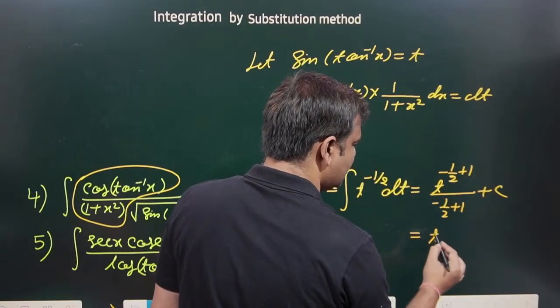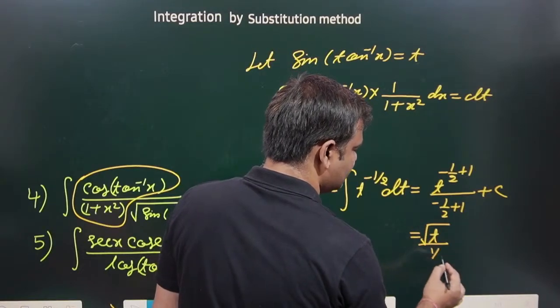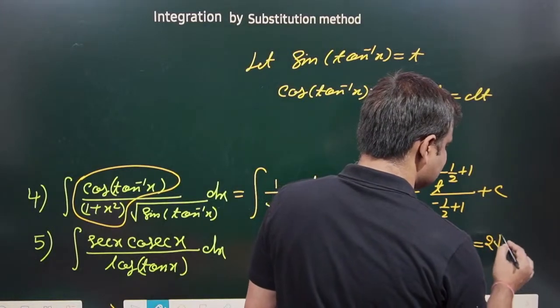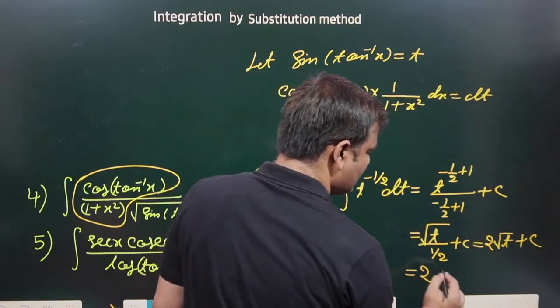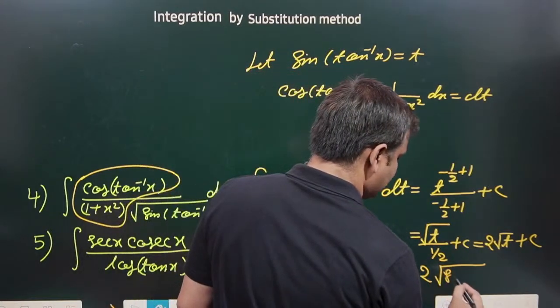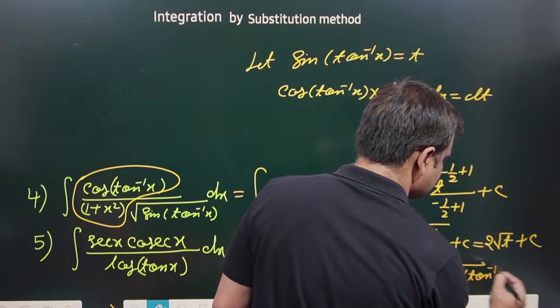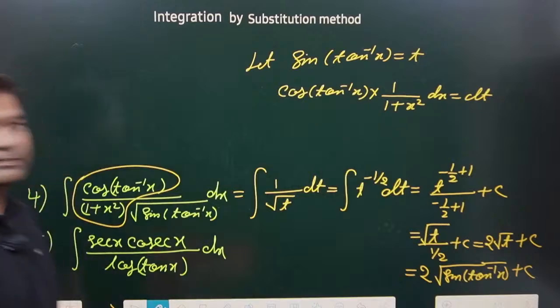So t to power half divided by 1 by 2 plus c. So 2 root t plus c. So t is basically how much? Sine of tan inverse x. Okay, plus c is the right answer.